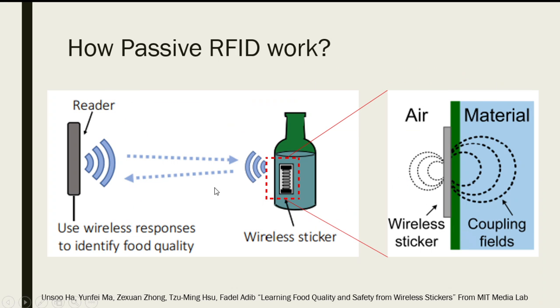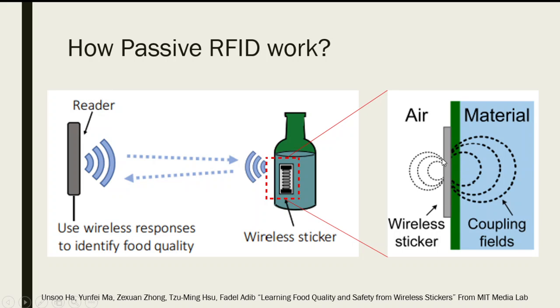So what does this passive RFID do when it induces energy from the RFID reader's antenna? In this passive tag there is an antenna. With that antenna there will be coupling with the substrate which is at the back plate. So based on the material which is at the back plate, this coupling will be different.